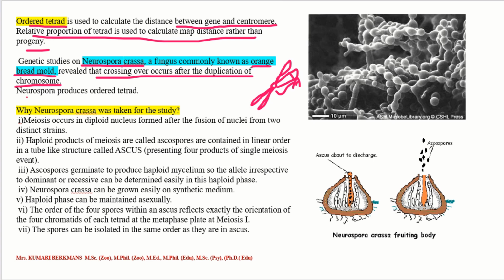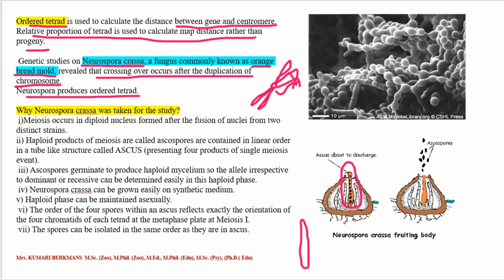So Neurospora produces an ordered tetrad that we can see here. This is called an ascus, and the nuclei are arranged here in a linear manner. So this is called an ordered tetrad.